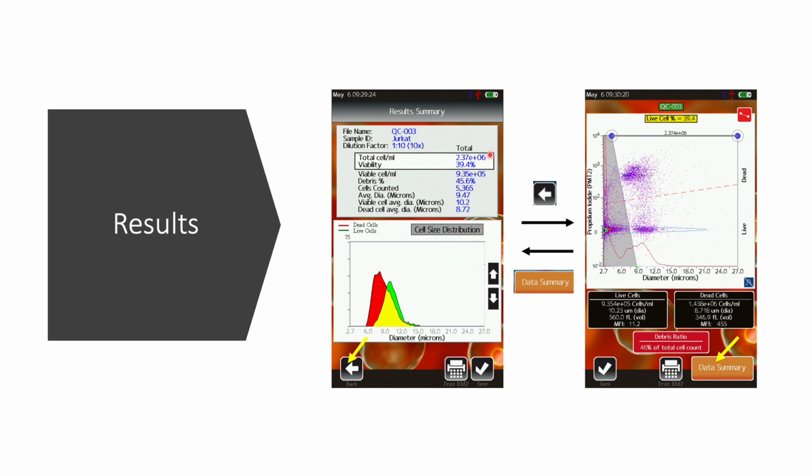On the right of this figure, you can see different types of analysis where you can graph the propidium iodide against the diameter of the cell. Here you have the propidium iodide on the y-axis, and here you have the diameter on the x-axis.